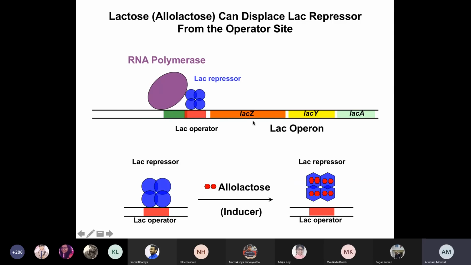Now, that will lead to the synthesis of more beta galactosidase and lactose permease that will incorporate more lactose inside the cell, and that will lead to formation of more and more allolactose.